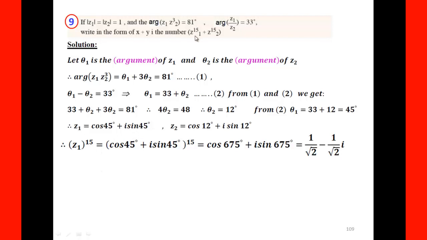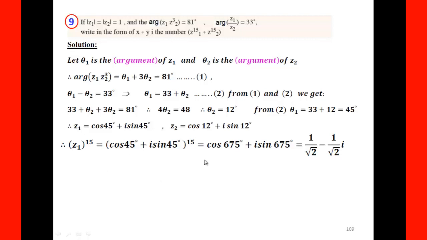The required is Z1 power 15 plus Z2 power 15. So first we calculate Z1 power 15, which equals cosine 45 plus i sine 45 all power 15.